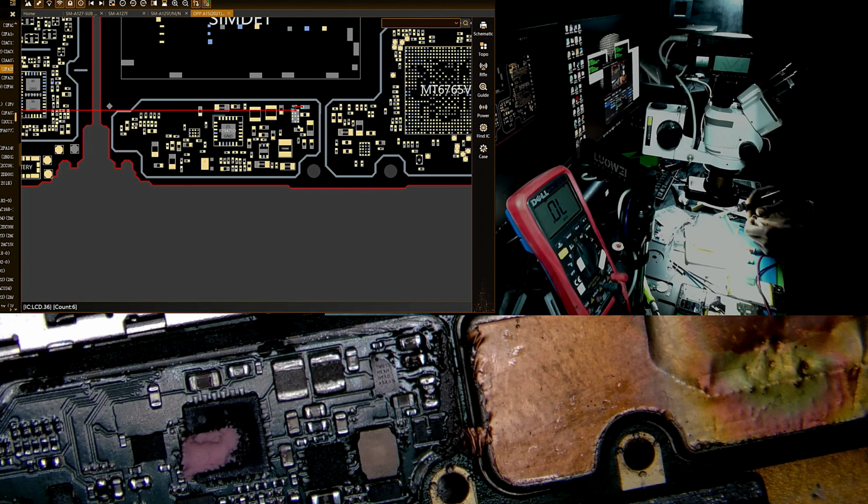What is amazing about this phone is that there was no heat at all. The display IC was not heating, so that was a soldering. I was removing the excess tin or solder. What was amazing about this phone is that it was not producing any heat. Some phones, when something is shorting, produce heat. So there was no heat at all.